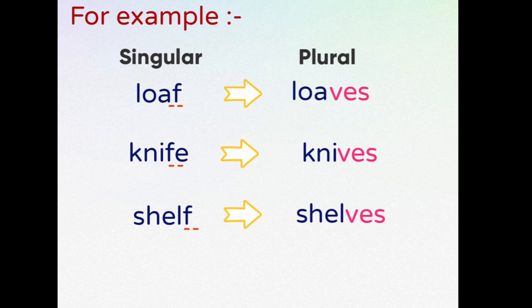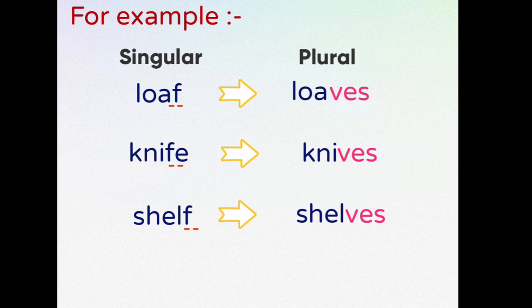It is ending in f, so we are going to remove f and add ves. So it becomes loaves in its plural form. Look at another example, knife. It is ending in fe, so fe will be removed and ves will be added, making it plural as knives.